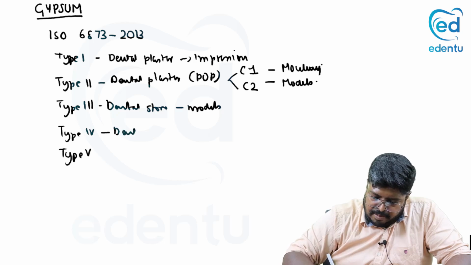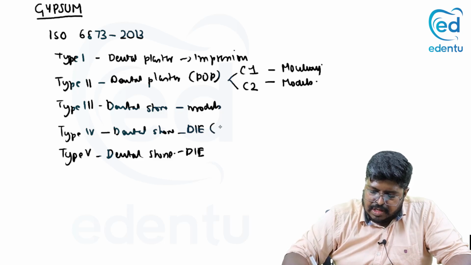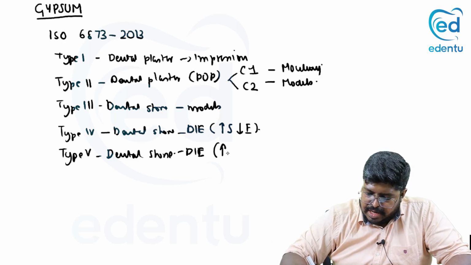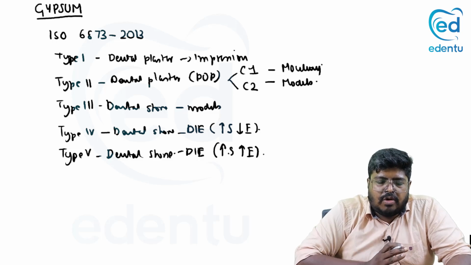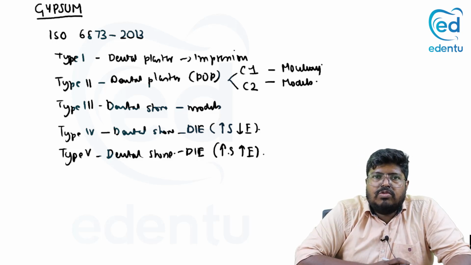Type 4 and type 5 are also called dental stone, but they have a few minor differences between them. These dental stones are both used for die related purposes. This is high strength, low expansion material, whereas the other type of dental stone is high strength, high expansion. Therefore, according to ISO classification number 6873 from the year 2013, five types of dental gypsum are present.